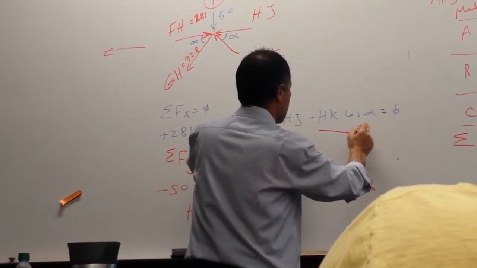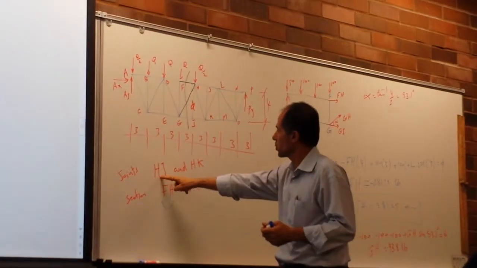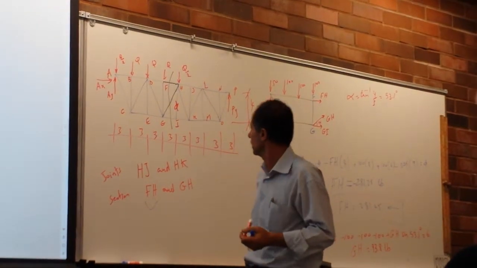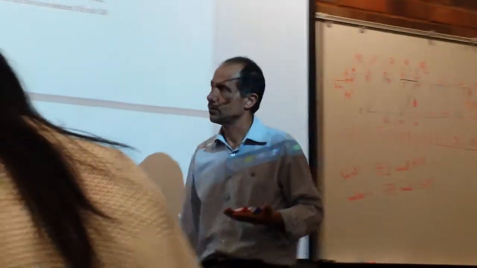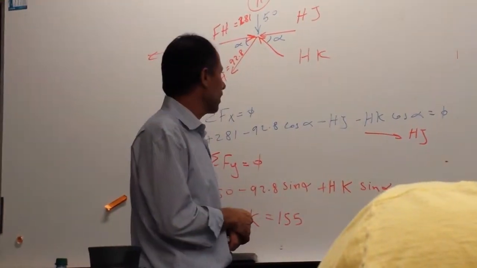Put it in here to give me, from this equation, HK, HJ. Do we need HJ? What is this number?